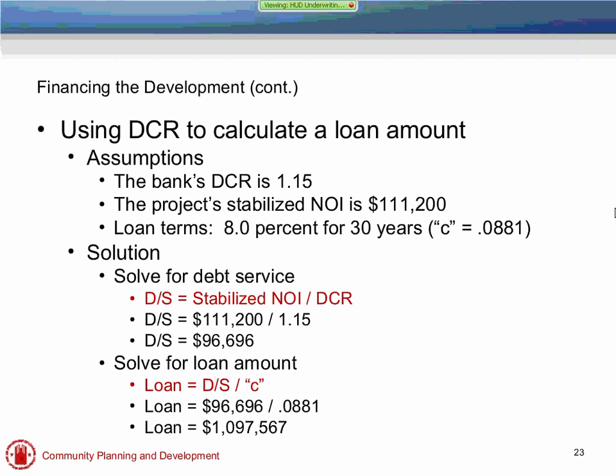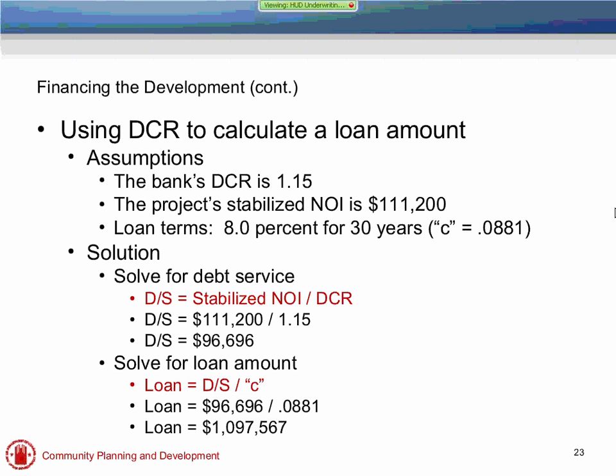In this example, if you have $111,200 of NOI and divide it by 1.15, the maximum debt service they can allow and achieve the coverage ratio they're looking for is $96,696.